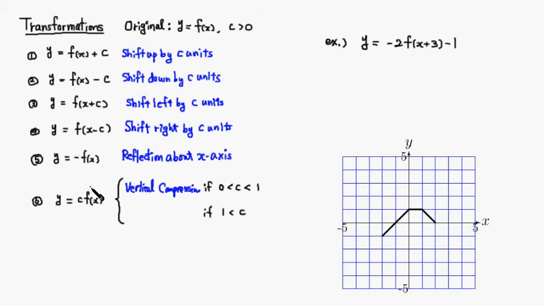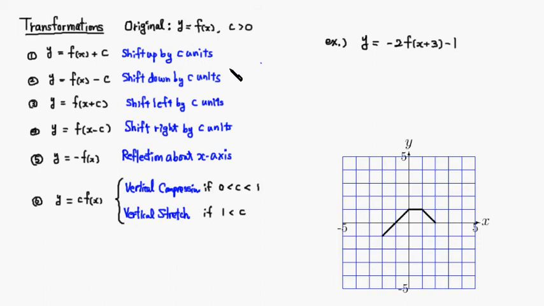If c is bigger than 1, then it's going to be a vertical stretch by a factor of c. For example, if c is 2, then the original function values get doubled, so it gets stretched vertically.